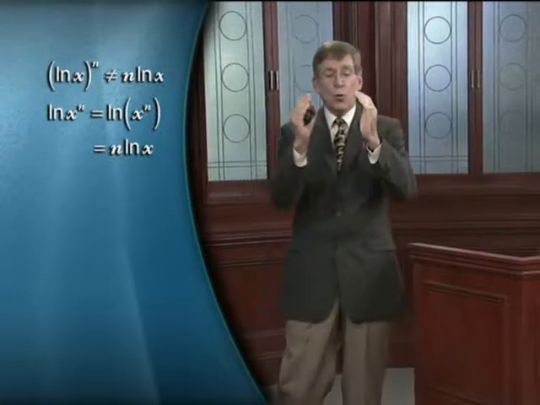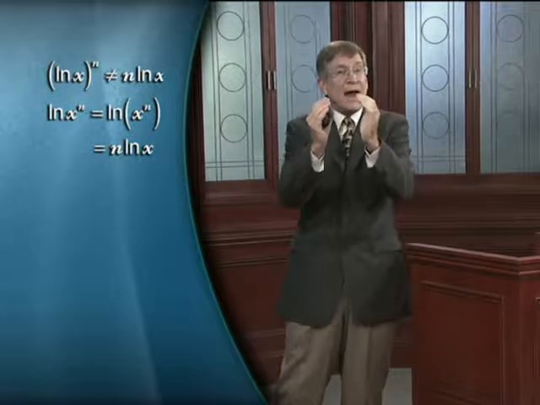Here's another pitfall that I've bumped into a few times as a teacher, and it's a notational pitfall. The expression log x, with parentheses around the whole thing, to the nth power, is not equal to n log x. The correct property is log of x to the n, where the parentheses are around the x to the n.